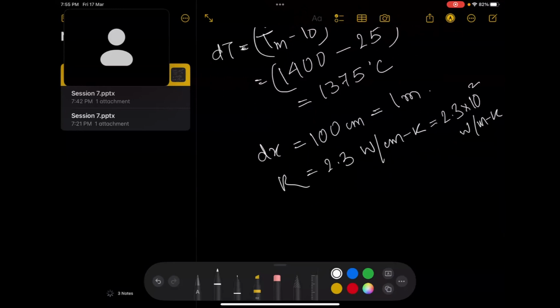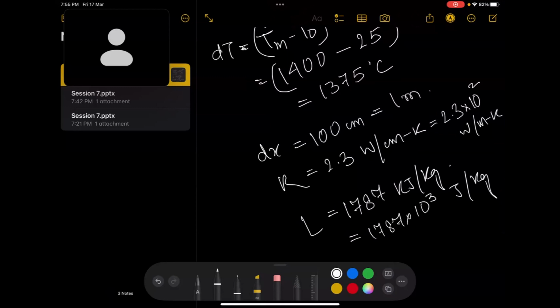Next is your latent heat of fusion L, which was given as 1787 kilojoule per kg. So what does that become? 1787 into 10 to the power 3 Joule per kg.